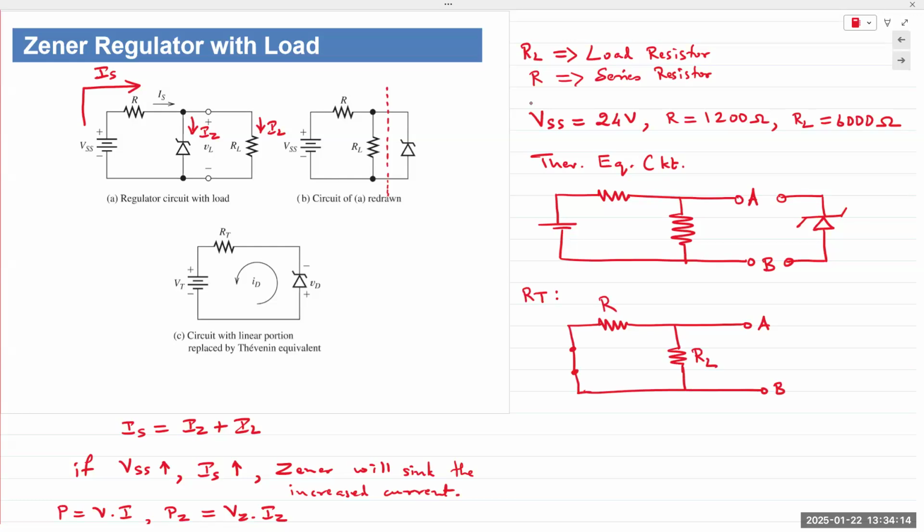And so RT, which is measured between A and B, is simply the parallel combination of R and RL.